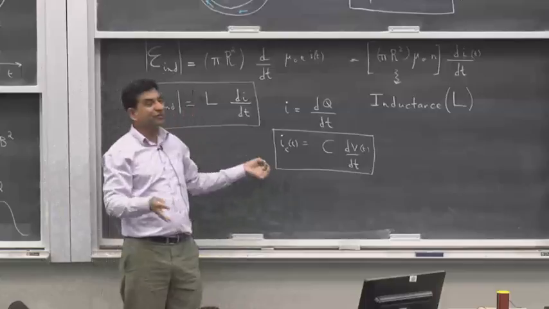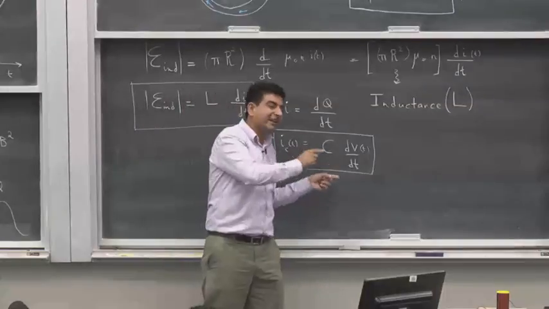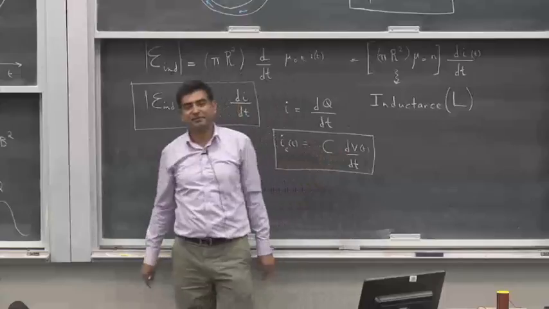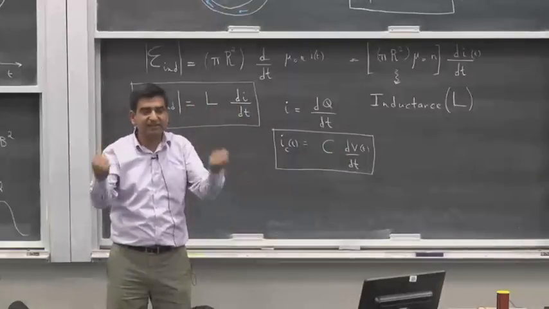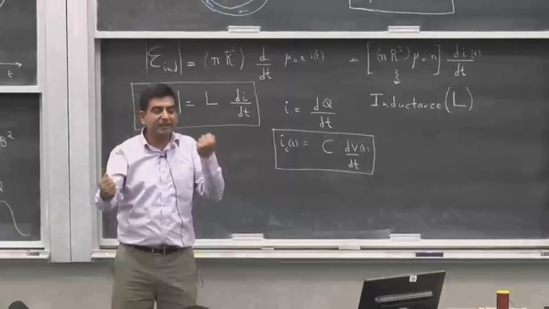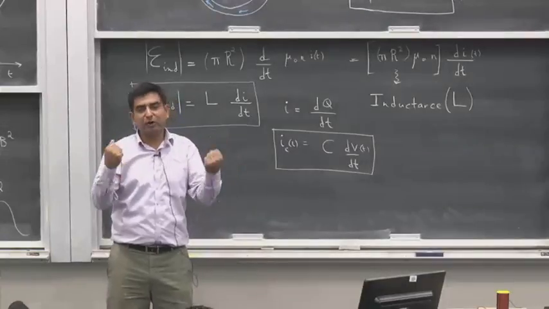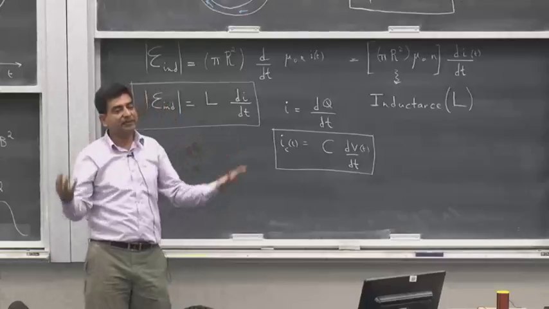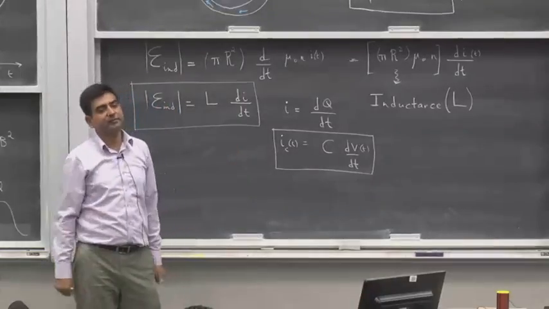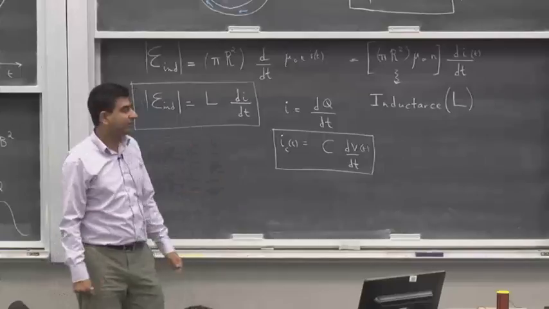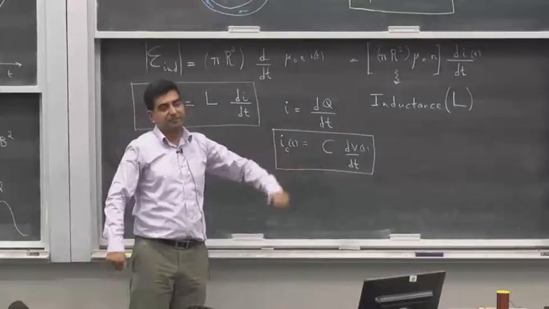The current through a capacitor is given by the capacitance multiplied by the rate of change of voltage across the capacitor. So inductors and capacitors are two major circuit elements that stand hand in hand. They stand together, and both of their properties can be described in light of Maxwell's equations, in light of fields. Faraday's law here, Gauss's law here, Gauss's law and Ampere-Maxwell displacement current.